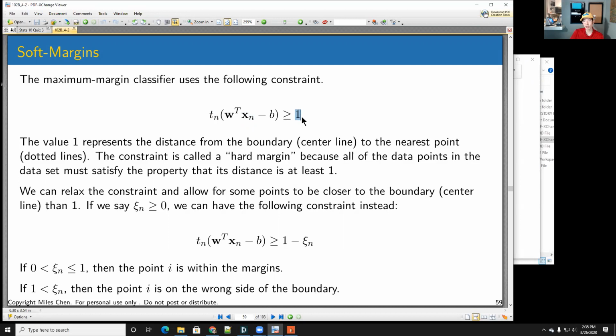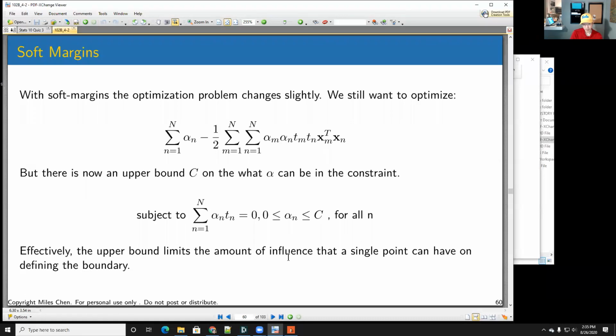This is what we call a hard margin, because it forces all of the data points to have that, after we multiply it, how far it is from that boundary has to be at least 1, okay? We can quote soften the margin by saying, you know what, it does not have to have a distance of 1, but it can actually have a distance less than 1, okay?